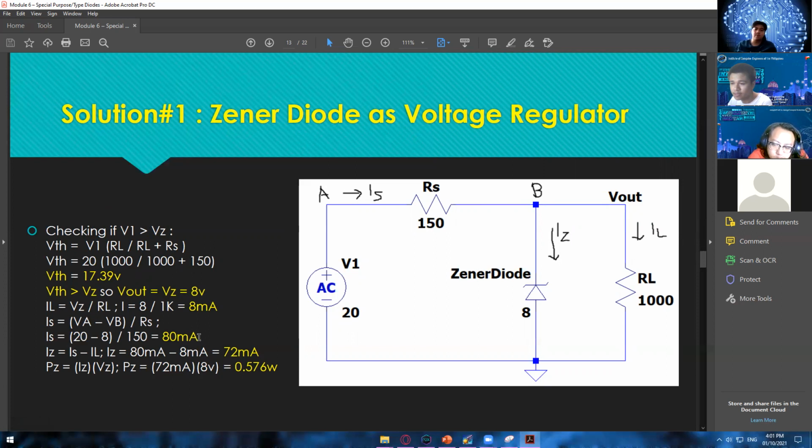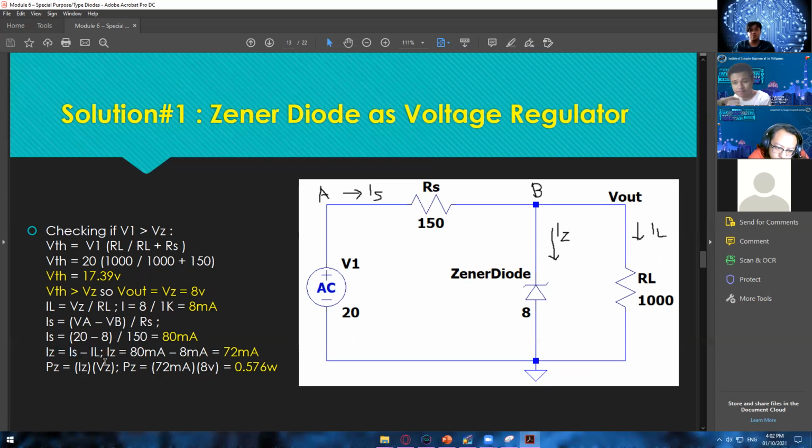So we didn't use IZ plus IL because we don't have the IZ yet. So in here, we've just used the formula of IS is equal to IZ plus IL. So this is where this one came from.